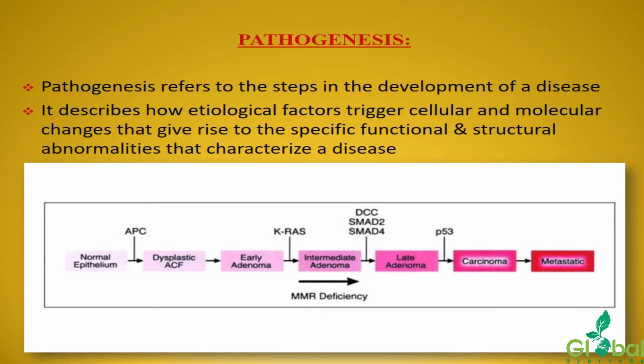This is just a generalized example of what happens in a carcinomatous or metastatic condition, especially in cancer, from normal epithelium till formation of a metastatic stage. So these kinds of cellular changes will be happening. The complete stages happening in between we will consider as pathogenesis.